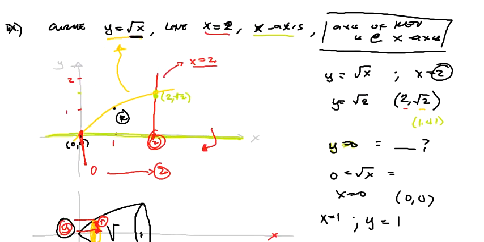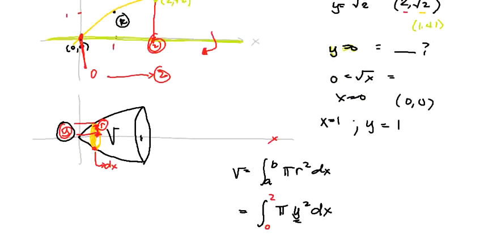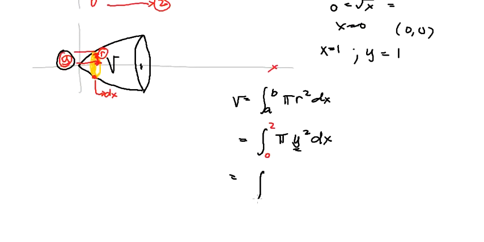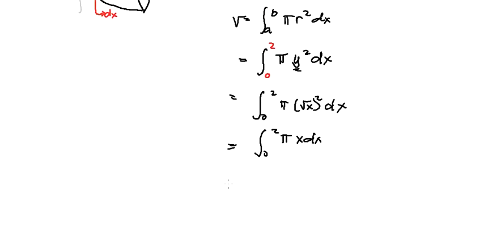It is equal to square root of x. So we have the integral from 0 to 2 of pi times square root of x squared dx. Then if we take the square of the square root, we have x dx.